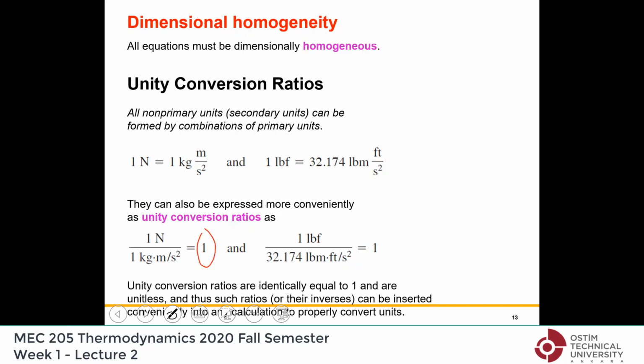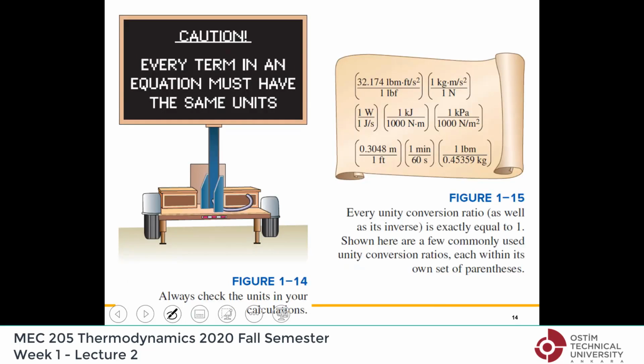The value doesn't change. Therefore, you can multiply any term by 1 Newton divided by 1 kilogram meter per second square to do unit cancellations. We call these unit conversion ratios, which are equal to 1.